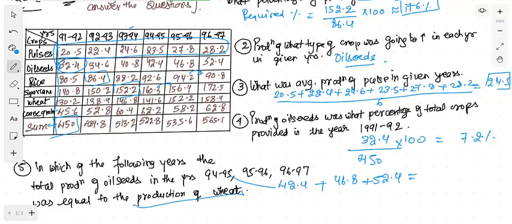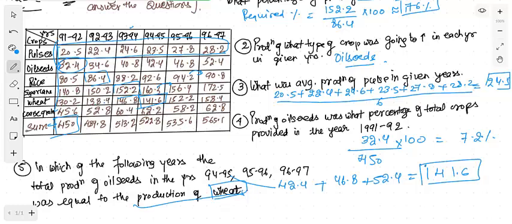Let us find the value of this. It is equal to 141.6. Now let us check the wheat: 130.2, 138.4, 146.8, 141.6. So this value is equal to the production of wheat in which year?